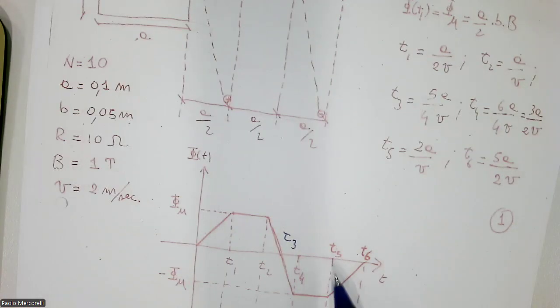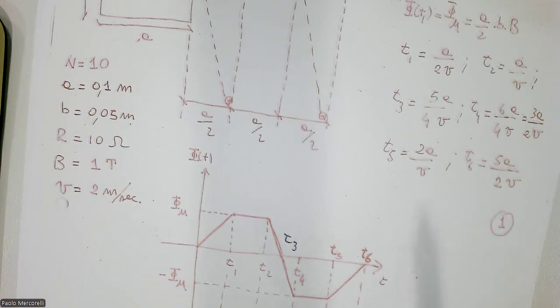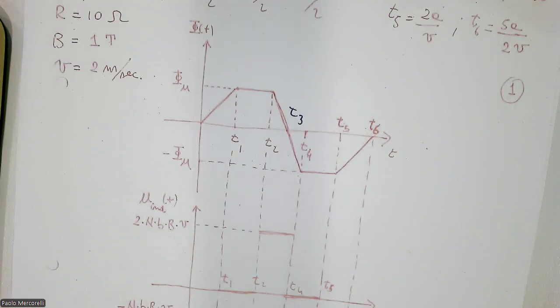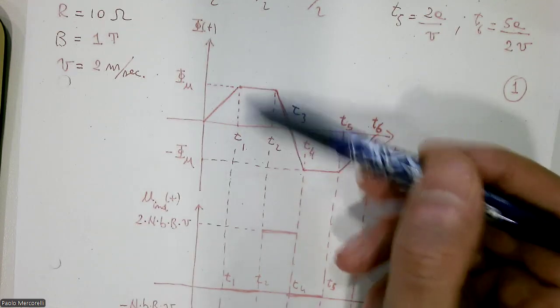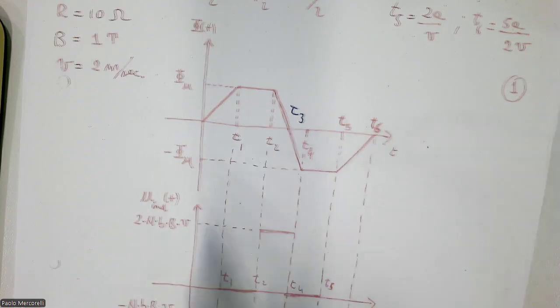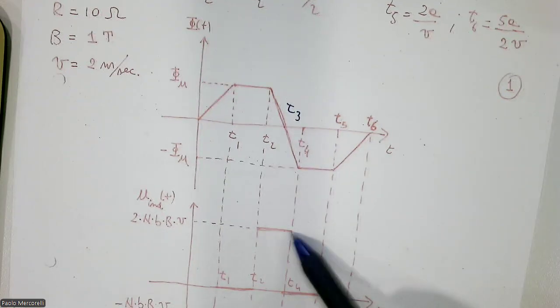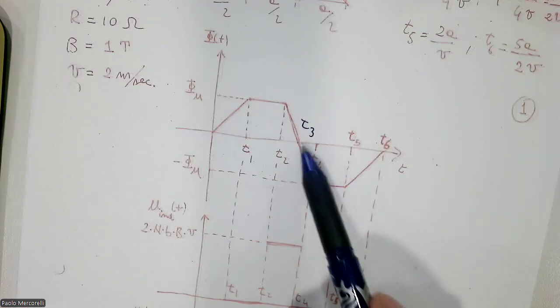Try to do at home to calculate as before T5 and T6, but I explain how we can do it. In induced voltage, now we know minus n, the derivative, and the derivative we can calculate, for instance, here, this distance divided this distance here. Of course, minus. Why here we have it twice? As before, I told you intuitively.